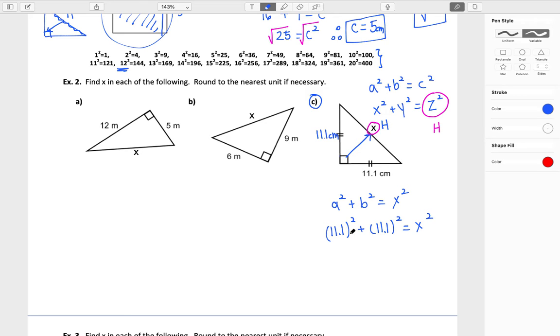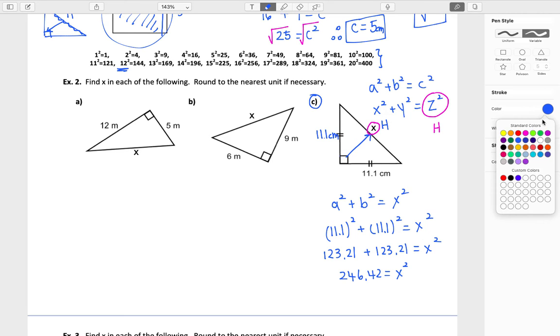Using your calculator, you're going to do 11.1 squared, and that will give me 123.21, and 123.21 plus 123.21 equals X squared. When you add the two, you will get 246.42.